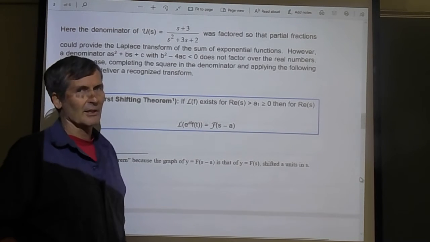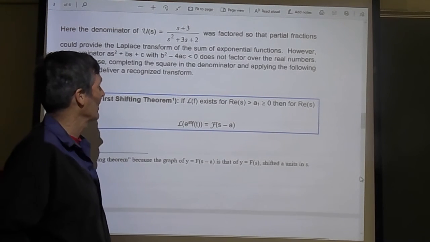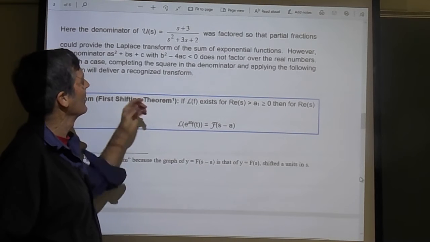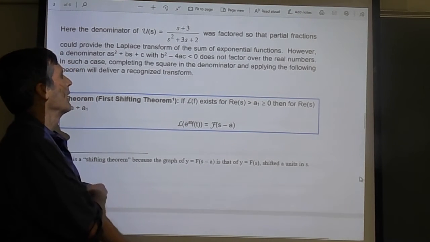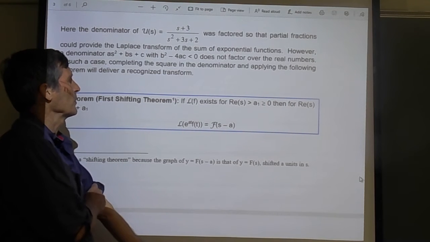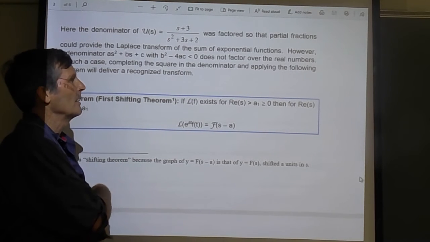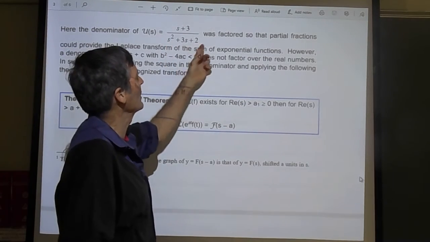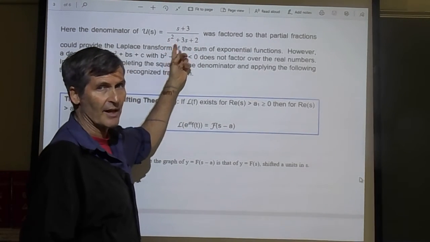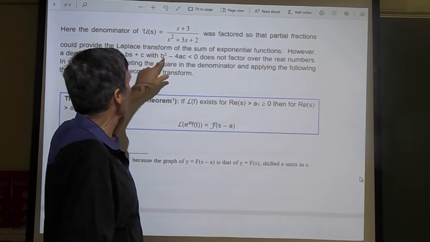Well, it sounds like it's all straightforward, but actually, if the denominator here can't be factored over real numbers, it's a little more difficult. It's really awful dealing with those complex factors, so usually people only use that factoring when it factors over the real numbers. How do you know?